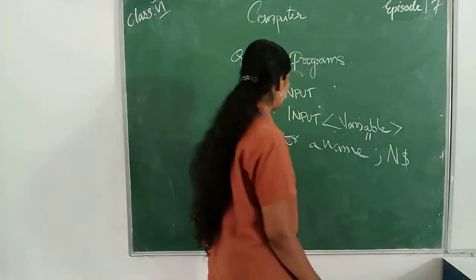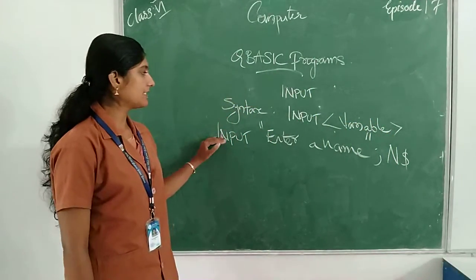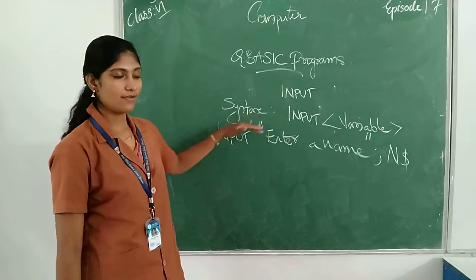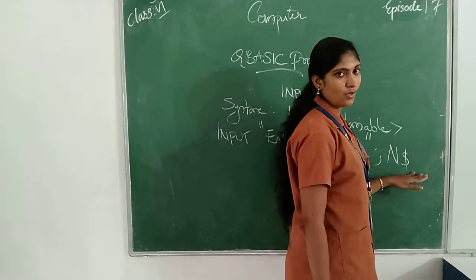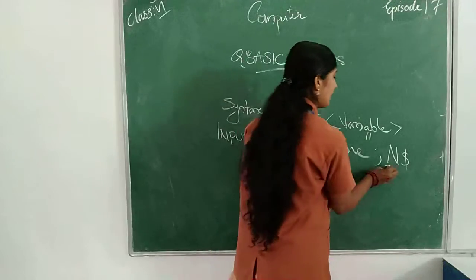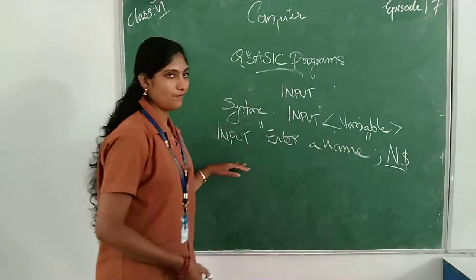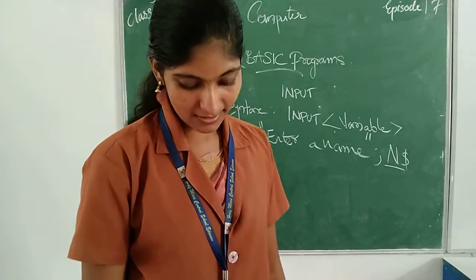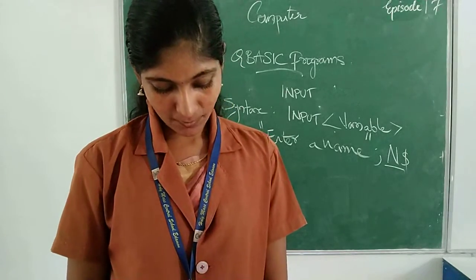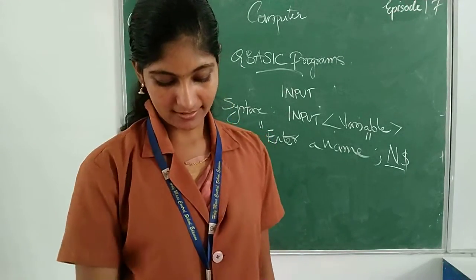This is the syntax for INPUT with a variable: INPUT, Enter a name, then n dollar symbol. Here n indicates the name. Examples: input enter a name, input age, input enter 3 marks.